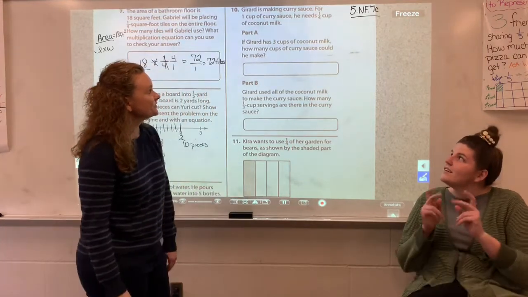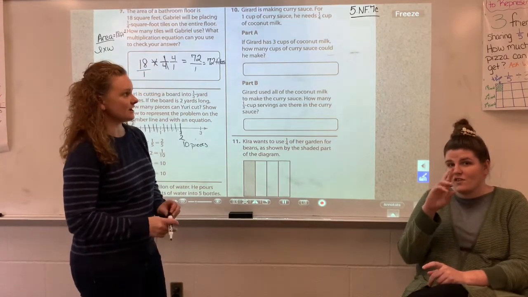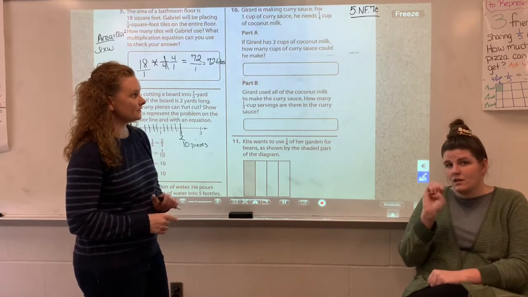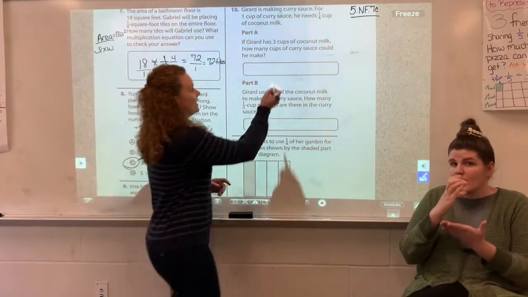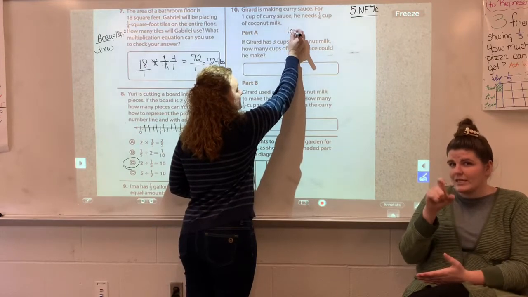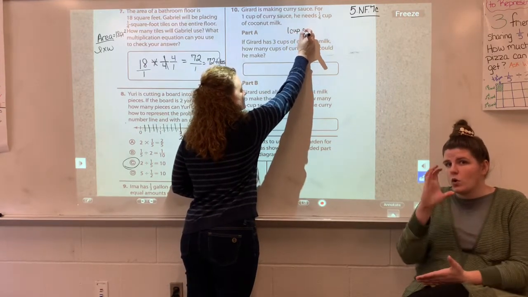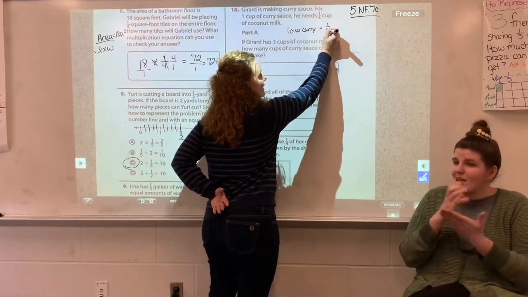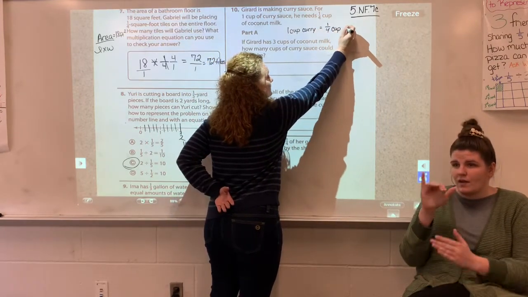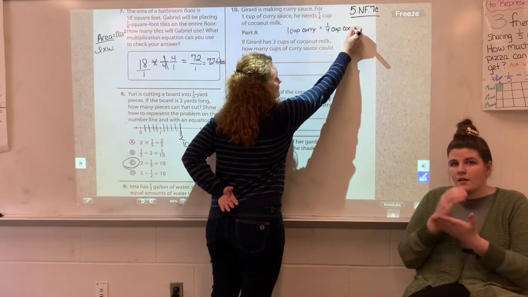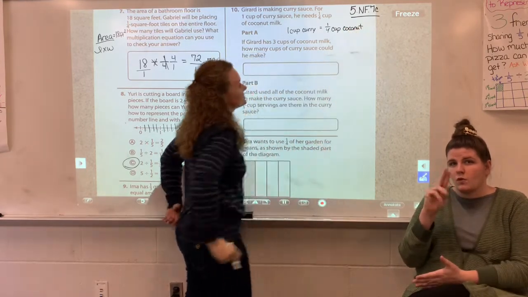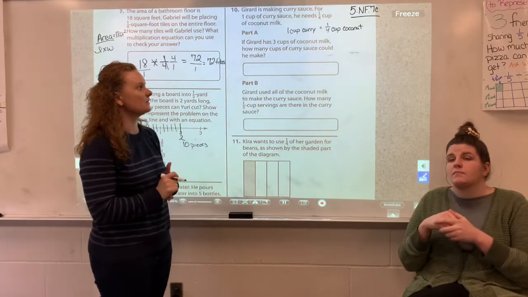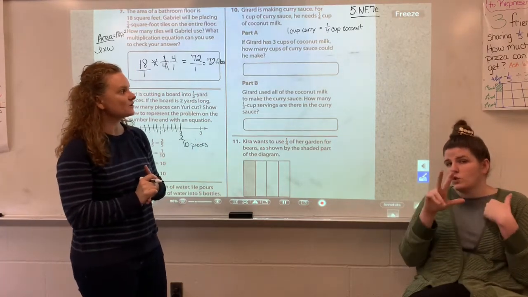All right, Gerard is making curry sauce. For 1 cup of curry sauce, he needs 1/4 cup of coconut milk. So for one cup of curry, that equals 1/4 cup of coconut. All right, so that's kind of what's going on up there. At this point though, he has 3 cups of coconut milk. How many cups of curry sauce could he make?